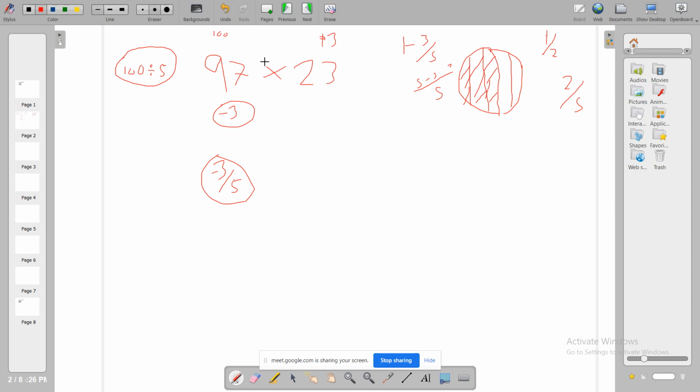So the 23 that is here is going to change to something like this. If I put my equal sign here, sorry, I'm not going to multiply.